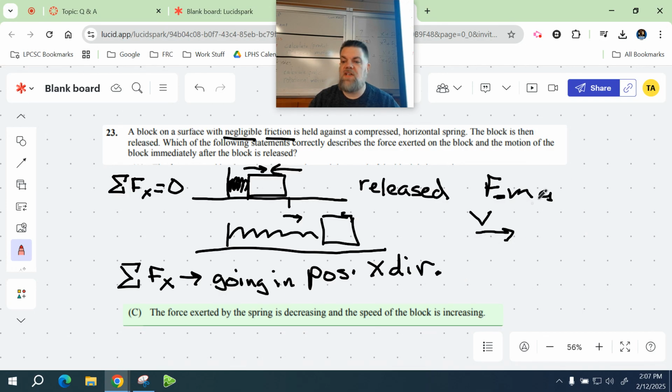So while there's an acceleration on the object, the velocity will increase, but at some point, the acceleration will approach zero or close to nothing. And then when that happens, it's still going forward. So yeah, they're right. This is the correct answer, C.